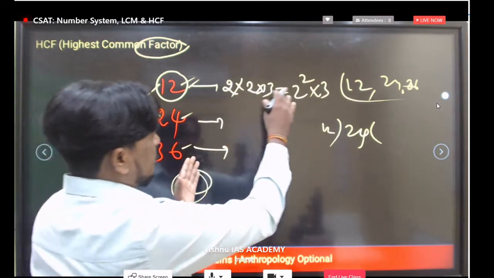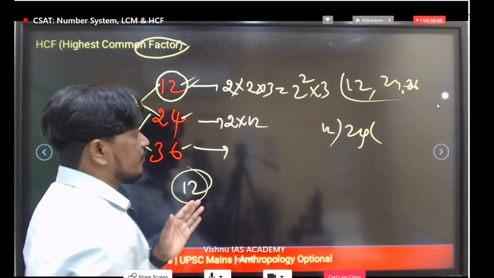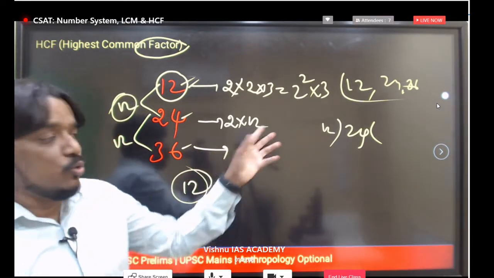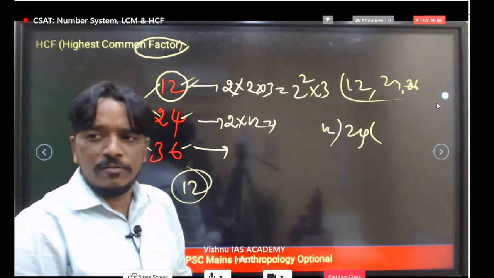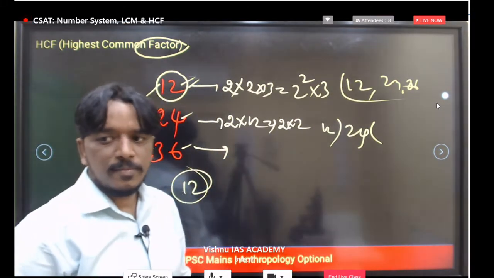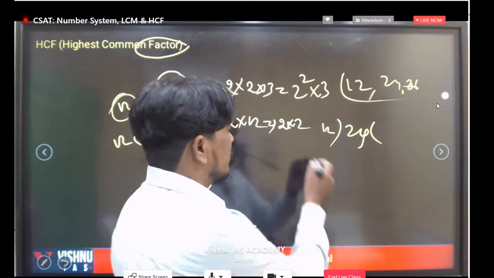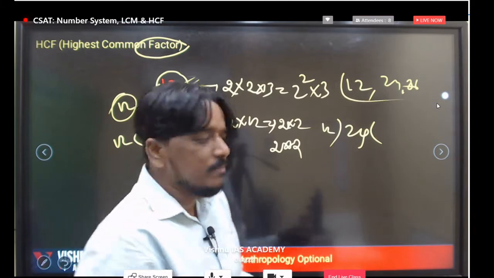Or if you are not able to simplify like this, first you can take 2 into 12, 24. And 12 also we can divide. How many times can you take? 6 into 2 again, for example. So 2 into 6, and 6 we can write as 2 into 3.